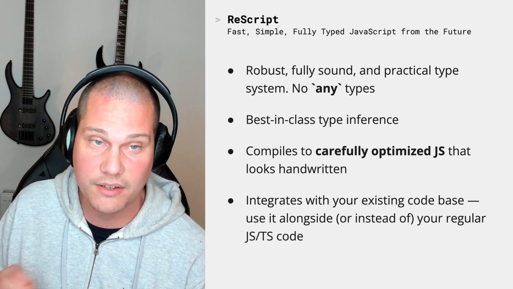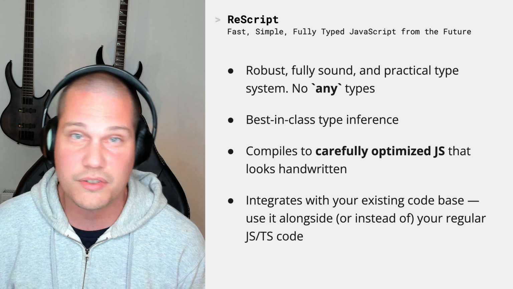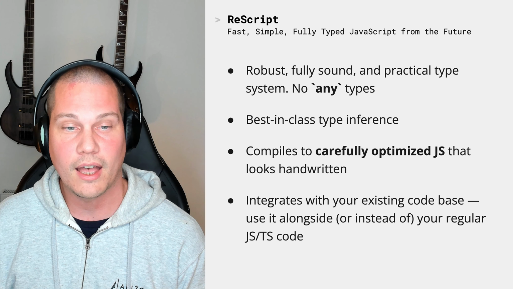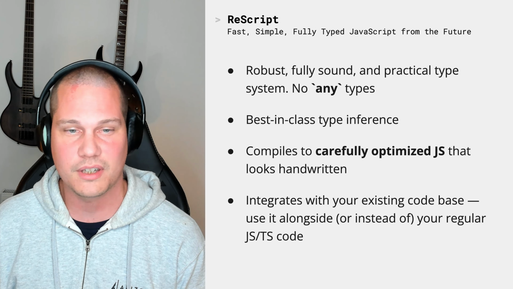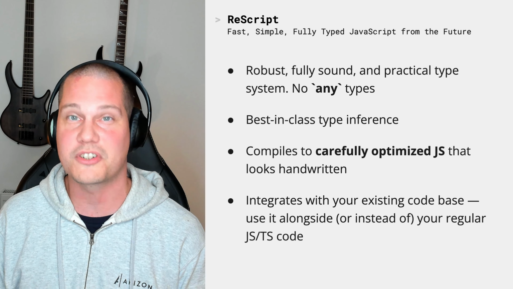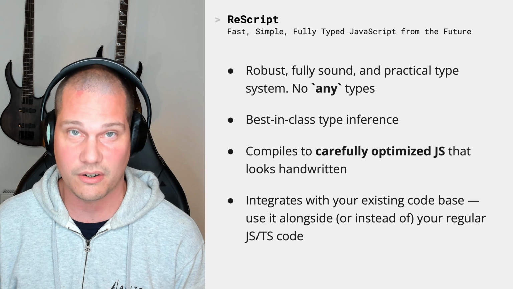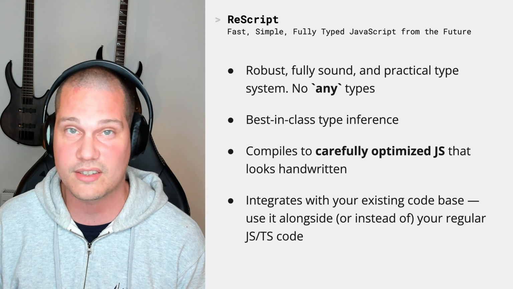And you can use it alongside or instead of your regular JavaScript or TypeScript code. In fact, ReScript focuses on interoperability with JavaScript, both code and the ecosystem. So if you wanted to, after this talk, you could probably ship ReScript code to production in your existing TypeScript code base in 30 minutes or so. It's really easy to get started and integrate with the things you already have.